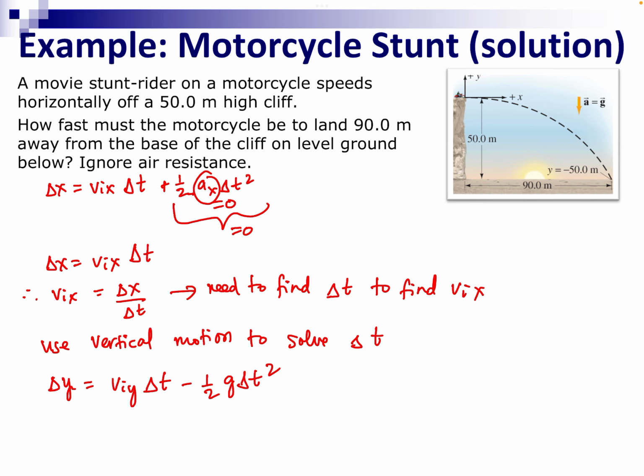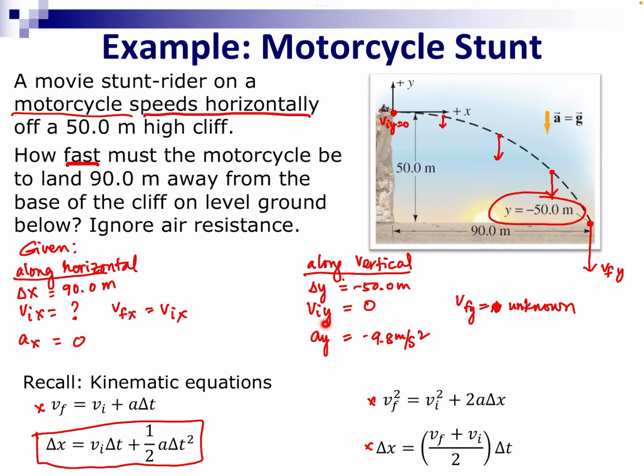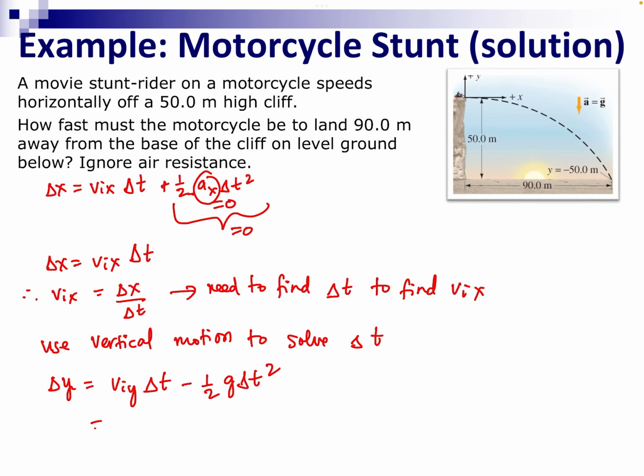The initial velocity along the y is equal to 0, so that's 0 minus 1/2 g delta t squared. Rearranging this equation, delta t will be equal to the square root of negative 2 delta y over g.